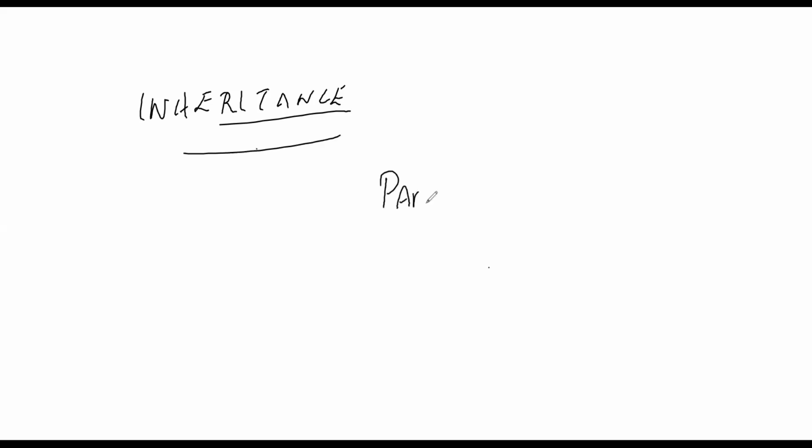A parent and a child. Certain behavior of the parent, the child possesses. Correct? In the same way, that is actually called inheritance.